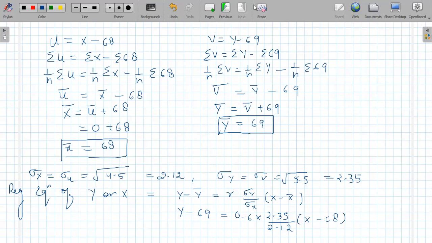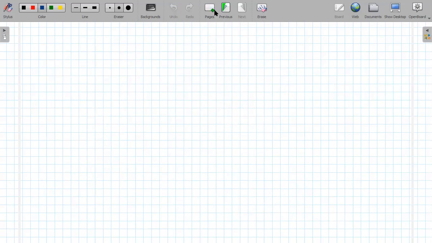When we solve this, we will get y is equal to 0.665x plus 23.78. This is the regression line of y on x.